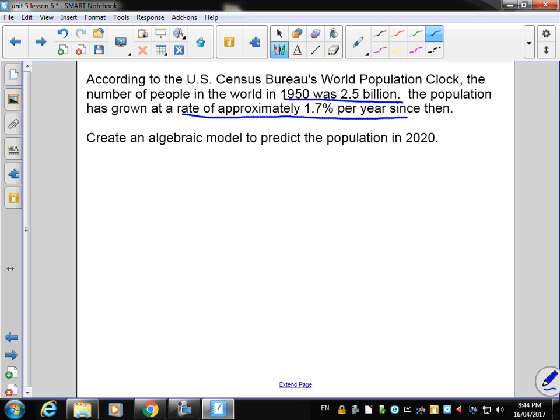So the amount of people, you could do P for population, whatever you like. Similar to the last one, we started with 2.5 billion. So we need to remember that A is in billions of people.